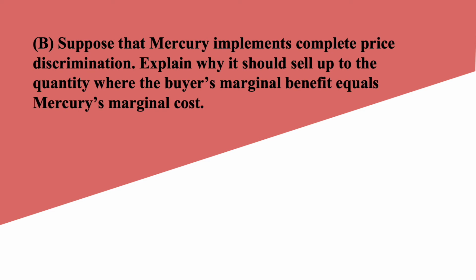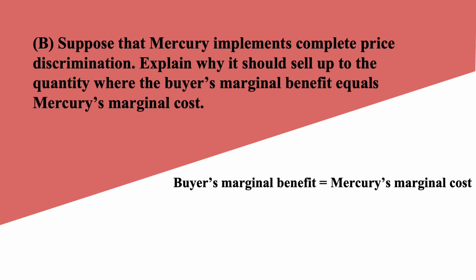B. Suppose that Mercury implements complete price discrimination. Explain why it should sell up to the quantity where the buyer's marginal benefit equals Mercury's marginal cost. Mercury maximizes its profit by producing the quantity where the buyer's marginal benefit equals Mercury's marginal cost.